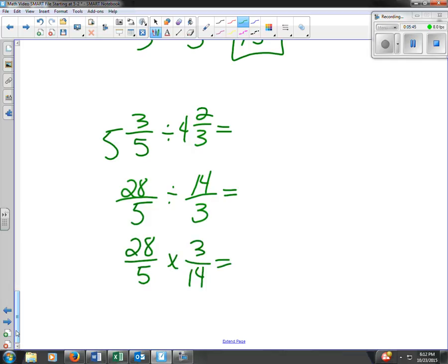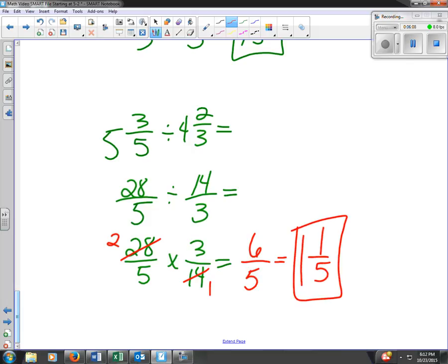And if you're good with your math, this becomes 1, this becomes 2, because 2 times 14 is 28. So this becomes 6 over 5. Simplify, you have to make the improper fraction a mixed number, so it's 1 and 1/5. Do not forget to make the improper fraction a mixed number.